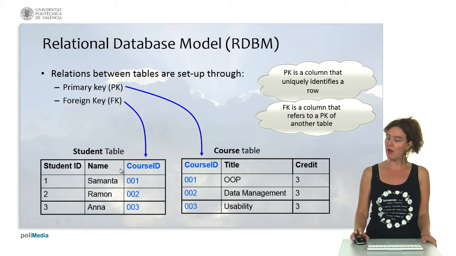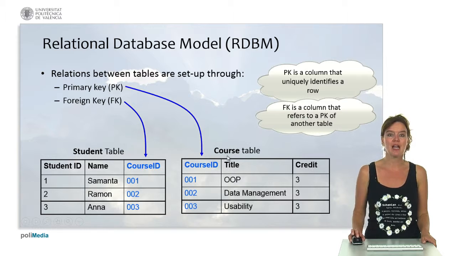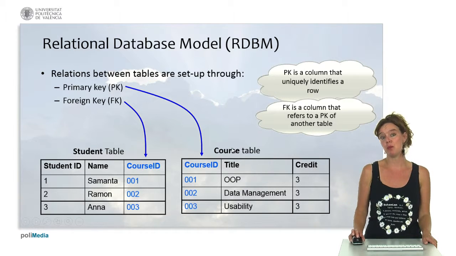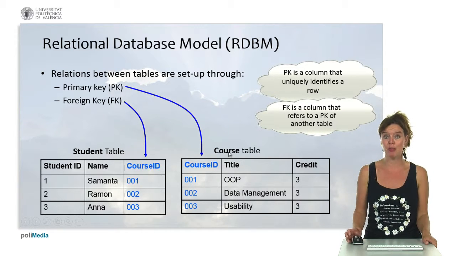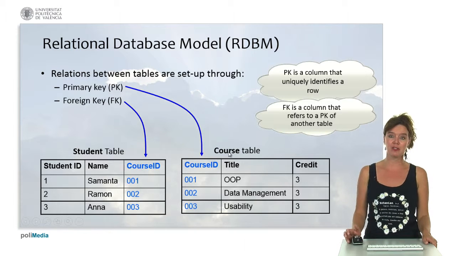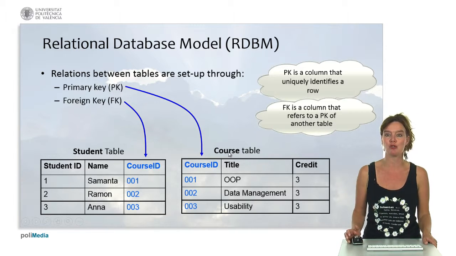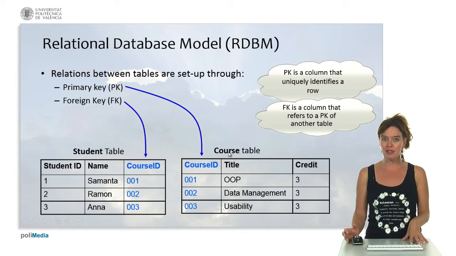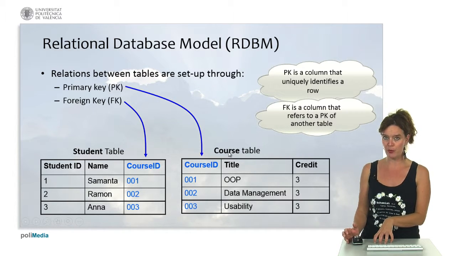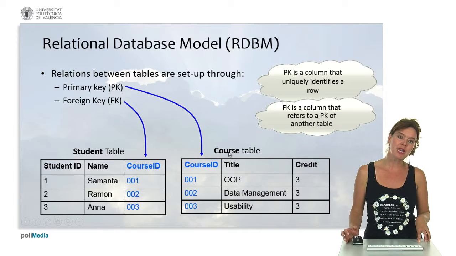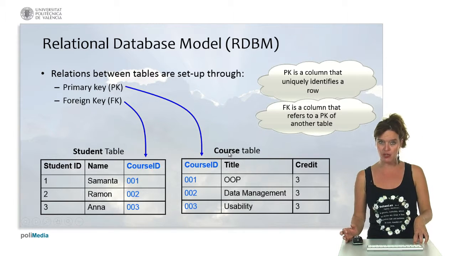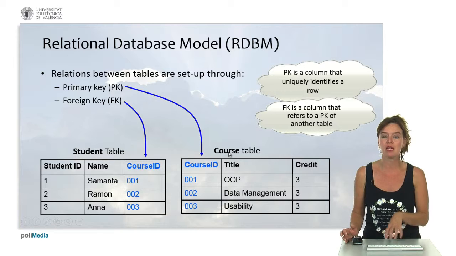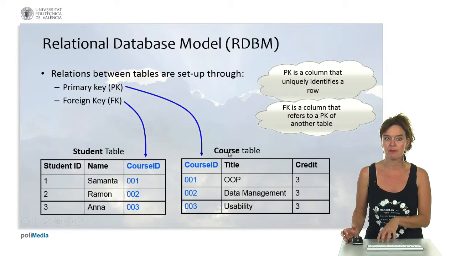So let's look here on the slide at the example. We've got a table that contains information about courses, and we have another table that contains information about students. So in the course table we've got a course ID, title and the amount of credits of a course, and in the student table we've got a student identification number, a name of the student and a course ID.